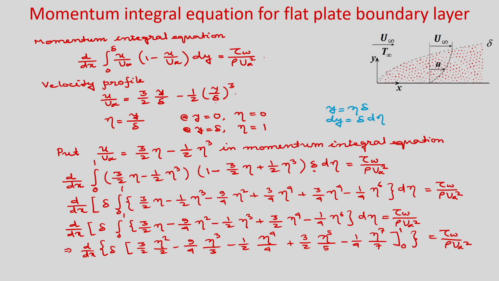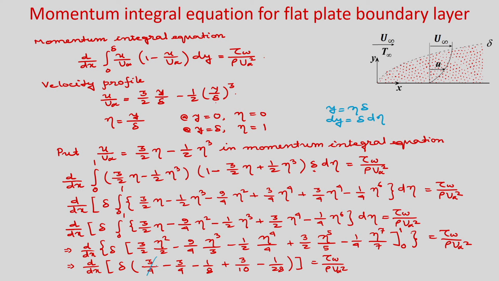So, now at eta is equal to 0, anyway all these terms will become 0. At eta is equal to 1, you just put the value, then what you will get? d of dx delta. So, you will get 3 by 4 minus 3 by 4, okay, minus 1 by 8 plus 3 by 10 and minus 1 by 28, okay, is equal to tau w by rho u infinity square.